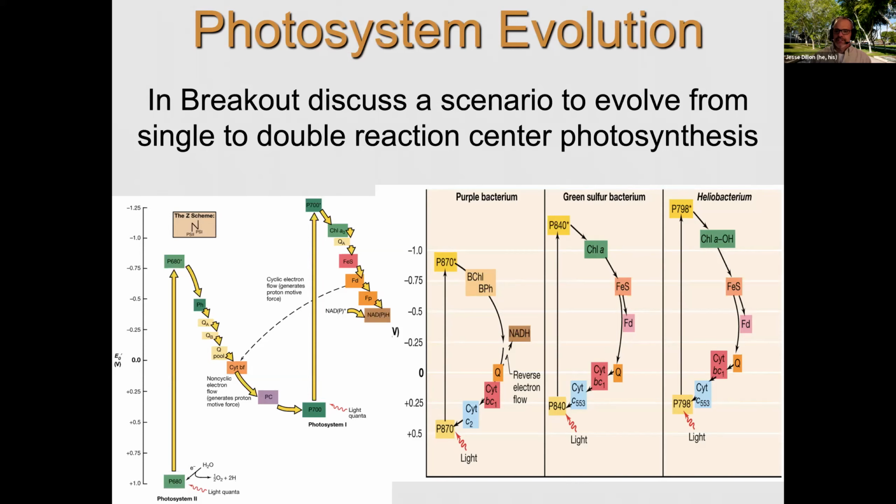But what do you notice? If you look here, look at this iron sulfur ferredoxin. Do you see that anywhere on the left? I think I see it. Do you see it here? Yeah. So if I look at this, I see these as being very analogous to photosystem 1.